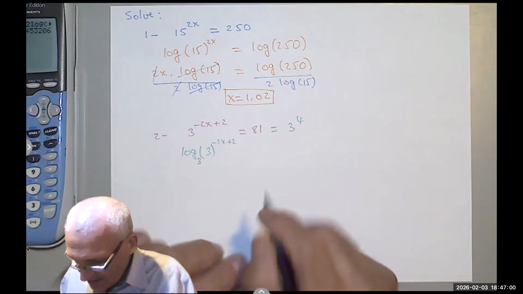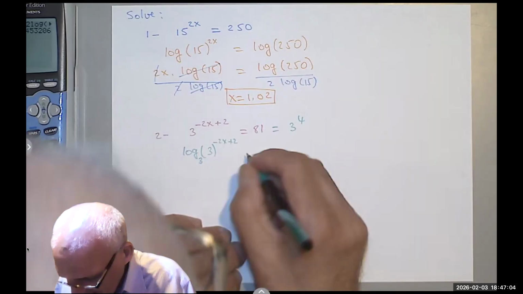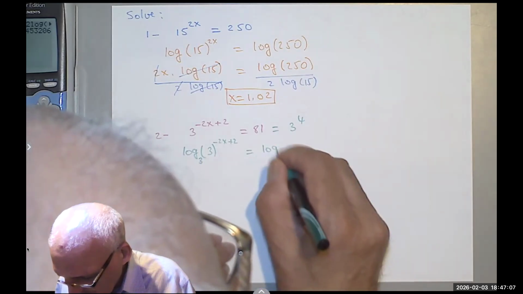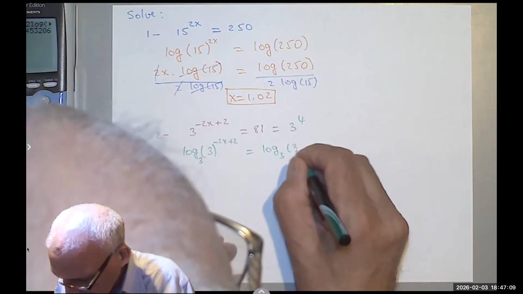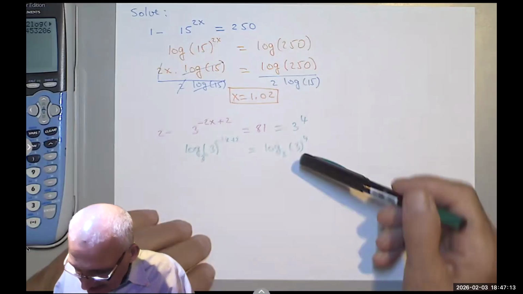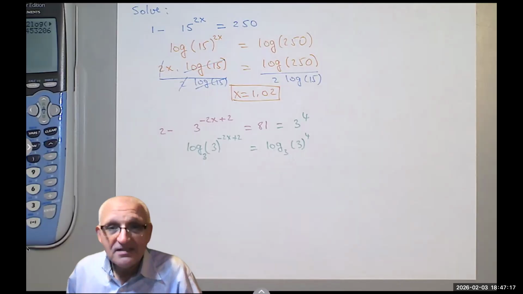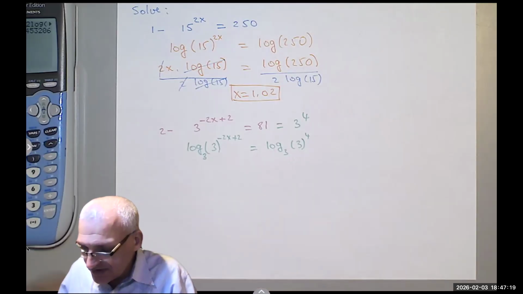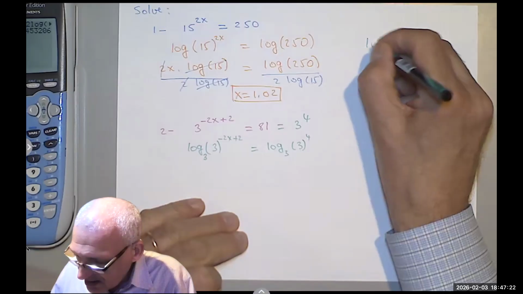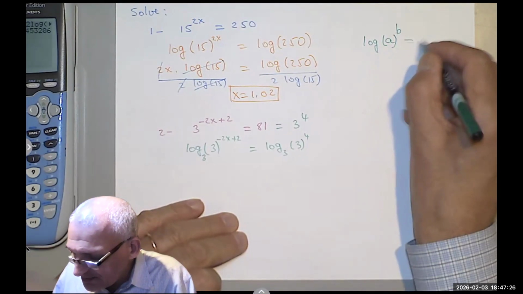It's really the same, but the reason I want you to do that is to show you something. We said that the exponent and the log cancel each other. Do you remember last time when we said log a to the power of b equals b log a?